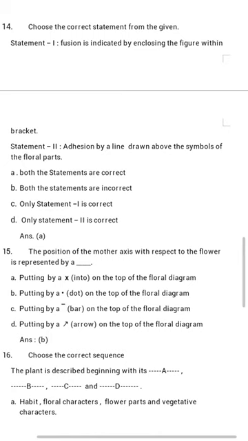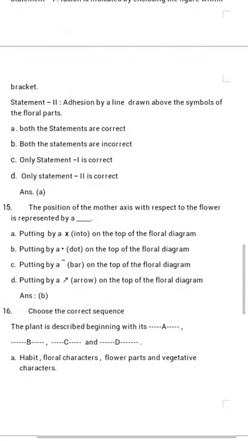For example, androecium is indicated with the capital A. So brackets on either side should be indicated for the enclosing nature. Understood? So this is nothing but fusion. Fusion can be indicated in such a way. For example, gynoecium, capital G. G must be in the middle, and brackets on either side should be indicated. That is for fusion.